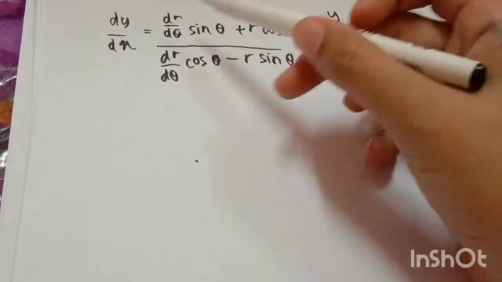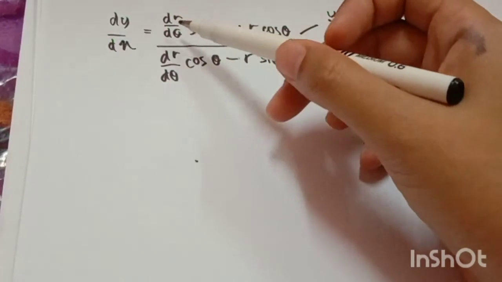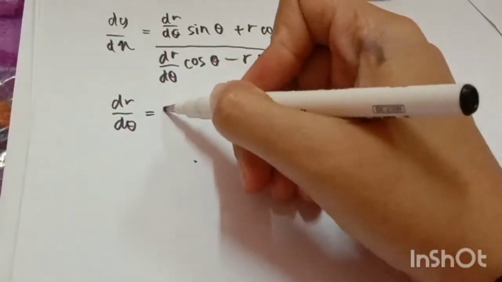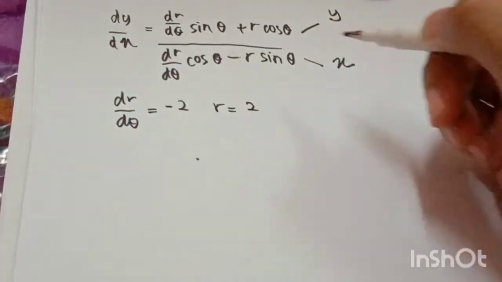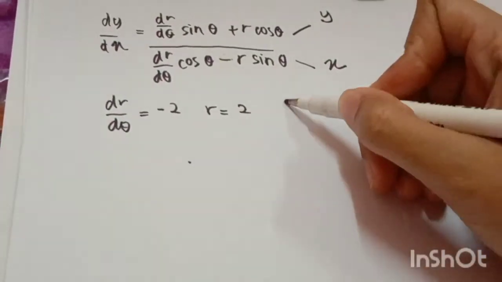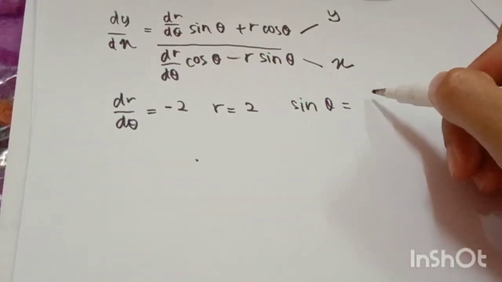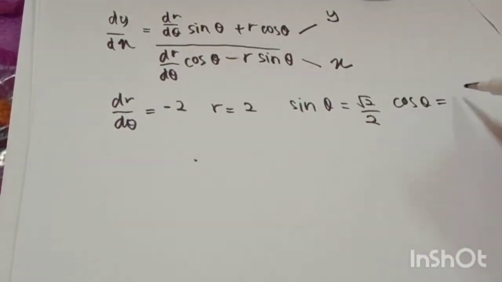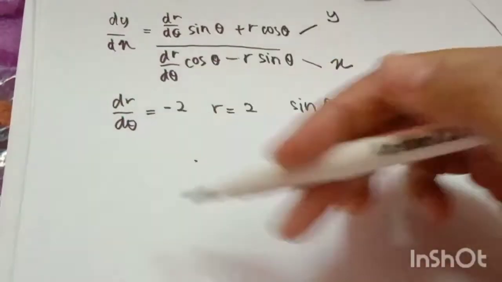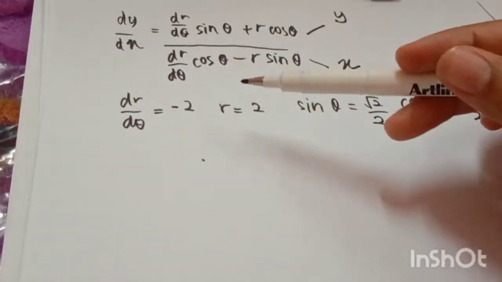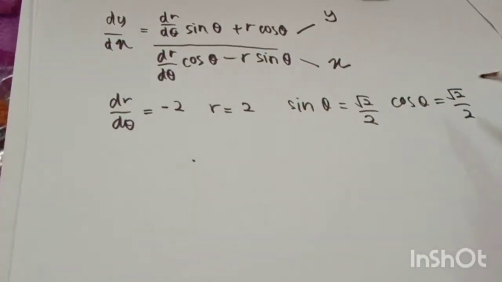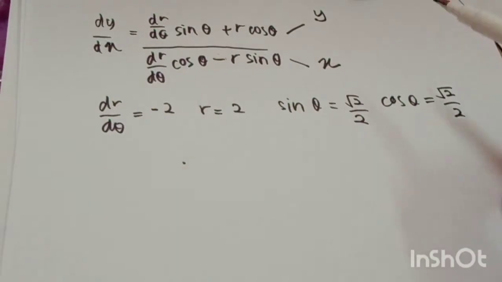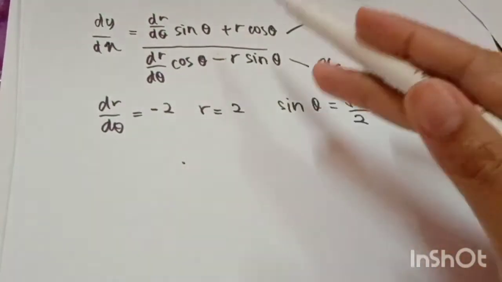We know that dr over d theta is negative 2 and r is 2. Sine theta is square root 2 over 2, and cos theta is square root 2 over 2. Now we have this, so we can substitute into the formula.